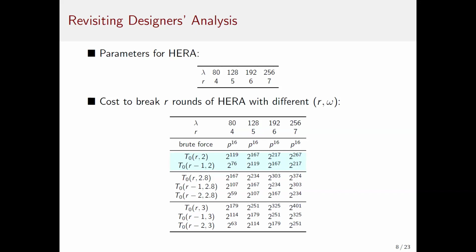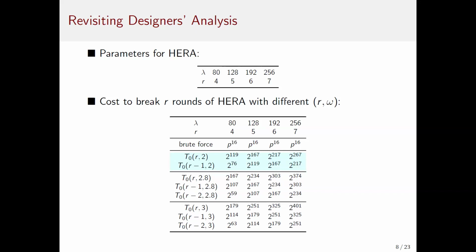As you can see, if we only use R minus 1 rounds, we can break it with omega equal to 2. If we use some more conservative choice for omega, like 2.8 or 3, we can break R minus 2 rounds, but we cannot break R minus 1 rounds.